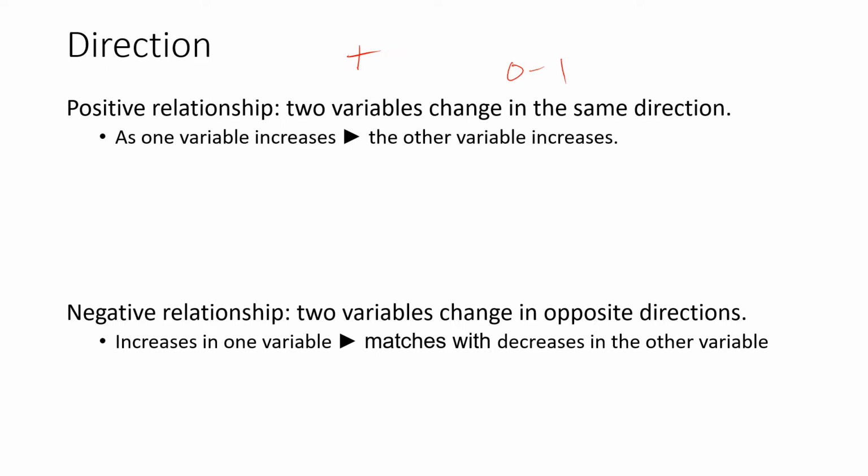So the two variables go in the same direction. You can also have negative, and this is between -1 and 0. And this is the case where as one variable increases, the other variable decreases. Or again, the other way, as one variable decreases, the other variable increases. So where they do the opposite.